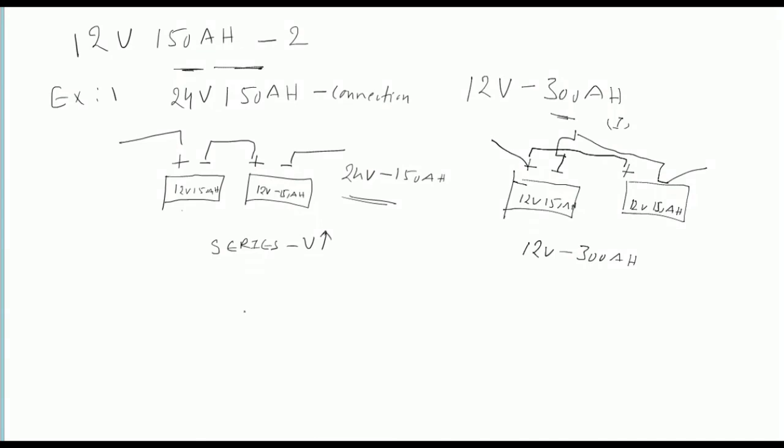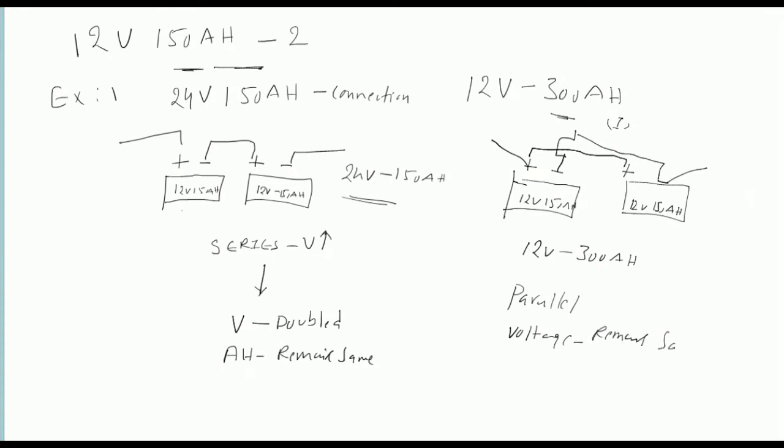If you look at the complete session, in a series connection the voltage gets doubled and the current, which is Ah, remains the same. Whereas in parallel connections, the voltage remains the same and the current, which is Ah, gets doubled.